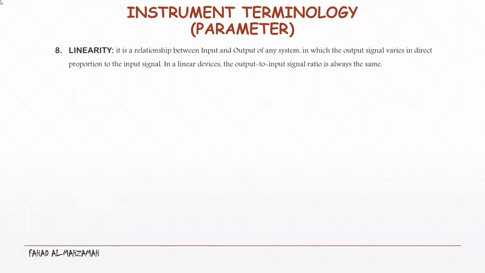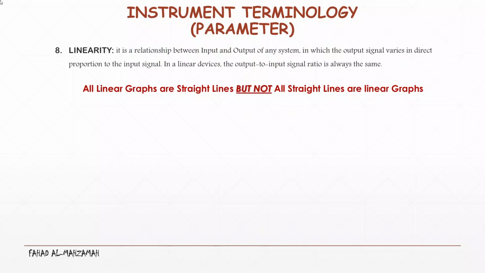Okay, let's continue. The term number 8 is called the linearity. We already explained the linearity, and it's the relationship between input and output for any system. If the input and output have a linear relationship, it means that the slope across any point in the line will be the same, and we know that all linear graphs are straight lines, but not necessarily all straight lines are linear graphs.